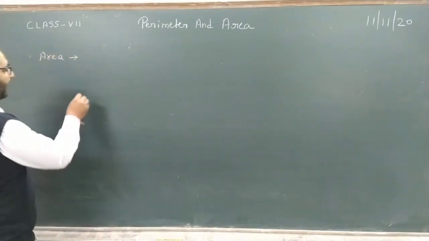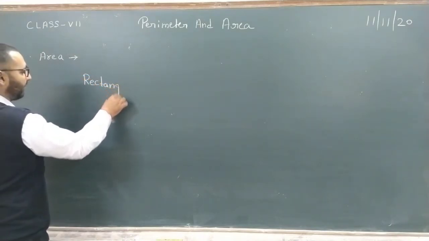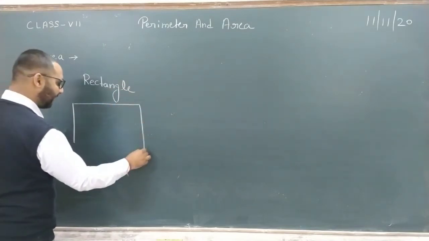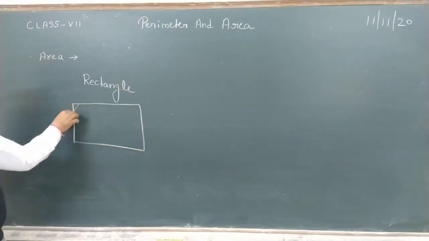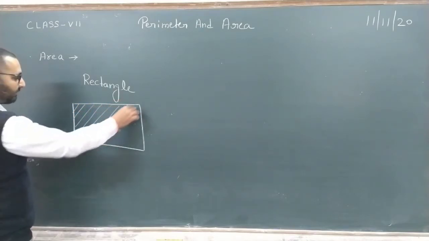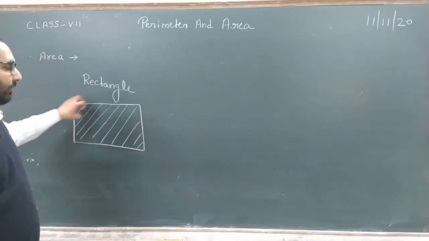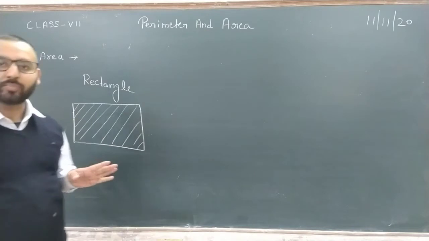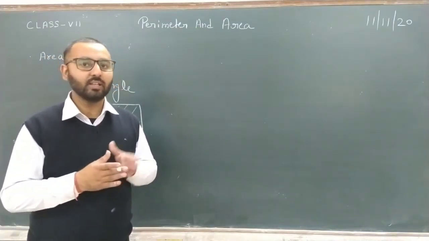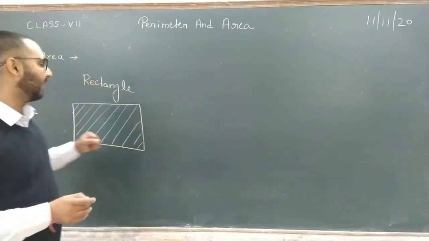For example, if I take the example of a rectangle, a rectangle is a closed shape like this, and this is the area carried by the rectangle on this plane. So this inner part of the closed boundary is known as area. Now it depends upon the dimensions of the shape. So we will discuss formulas for the areas of different shapes.